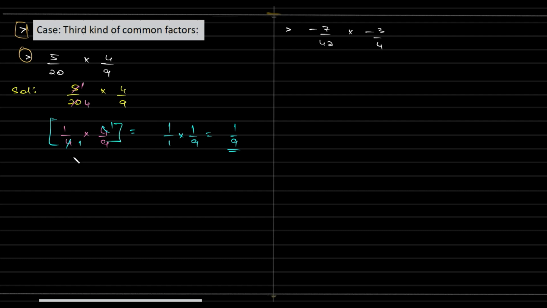So this is the important stuff. That's why you call this the third kind of common factor. Basically, you can always do division with any numerator and any denominator, however many times you need. So remember this. Next question.